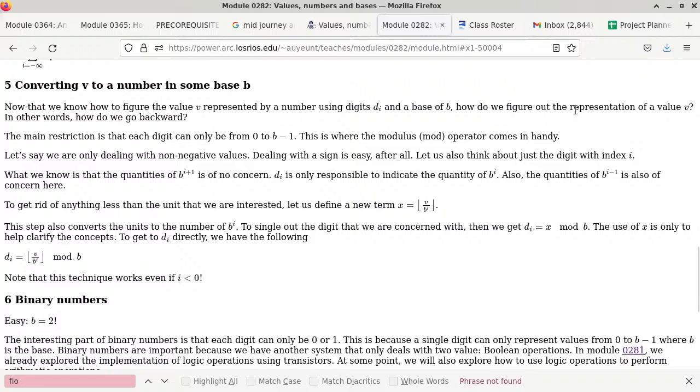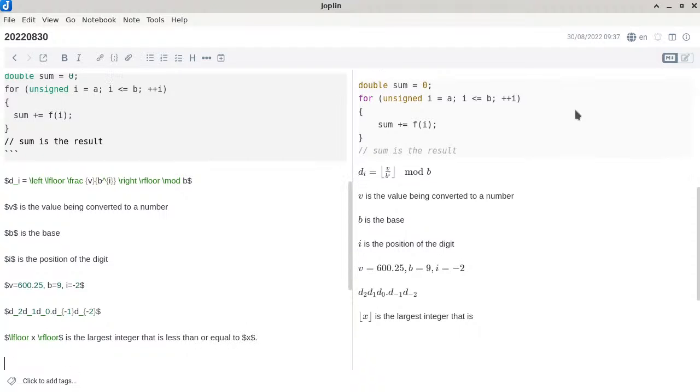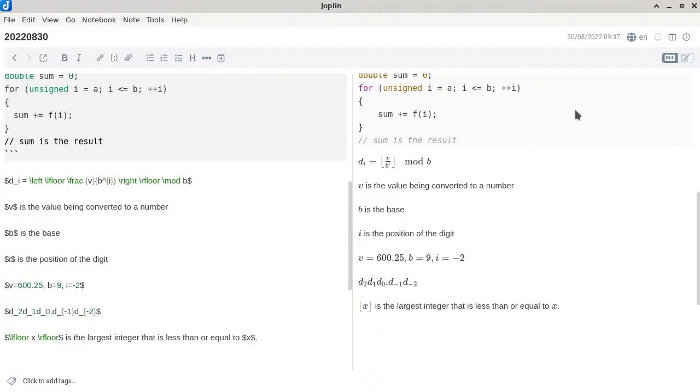All right, cool. So now we want to figure out the floor. So I'll go ahead and say what the floor is. This is the floor of X, which is the largest integer that is less than or equal to X. That is how floor is defined.